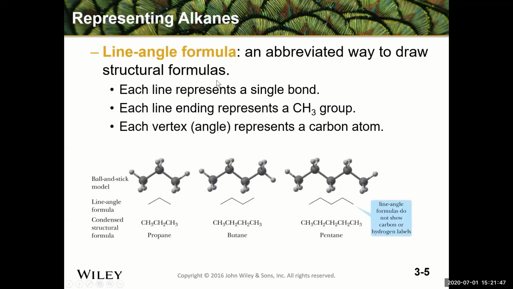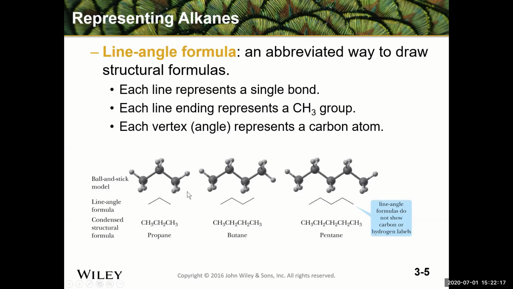Okay, so we have several different ways of showing the structures of alkanes. We call them different structural formulas. The first one here is the ball and stick model, which is aesthetically pleasing and kind of artistic, but difficult to draw by hand.